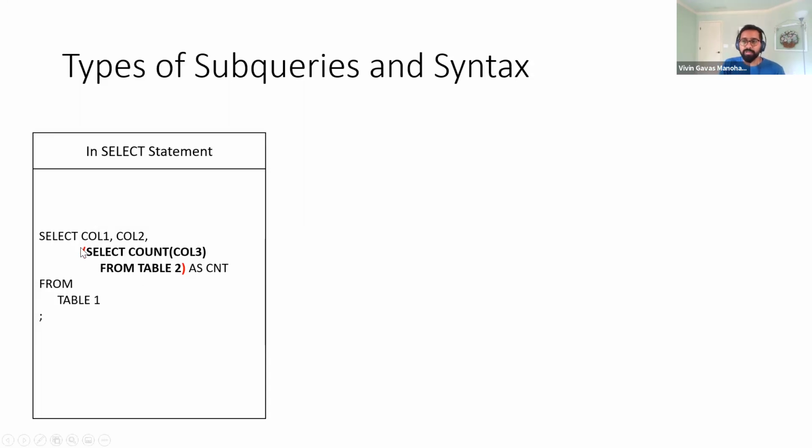In this case, from the second table, I am counting the number of entries in a column called column 3, and I'm using that number as an entry into the other SQL code that I'm running. So for the select, the output would be column 1 from table 1, column 2 from table 1, and the count from table 2 as CNT. So this is in the select statement. This would be much clearer once I go through an example.